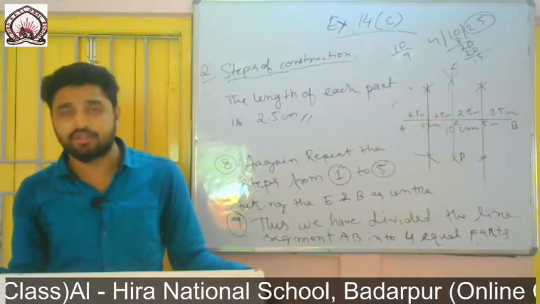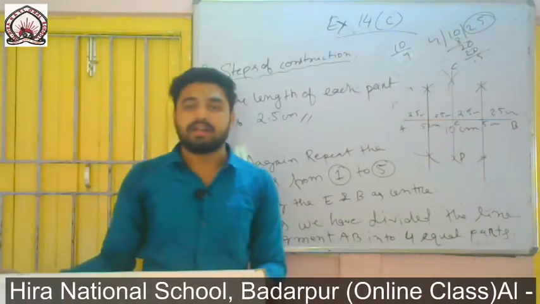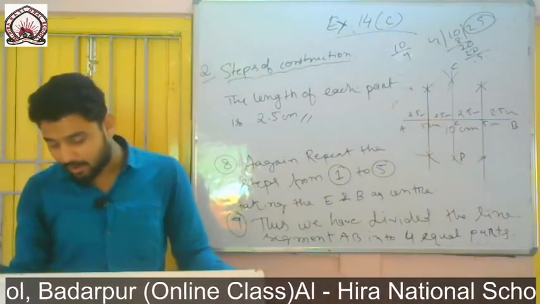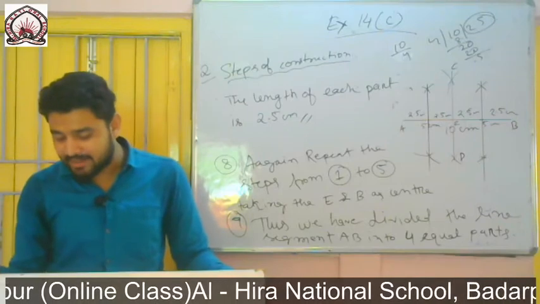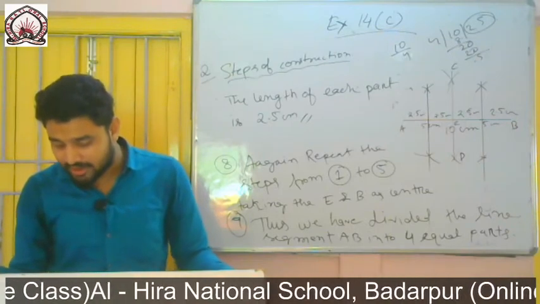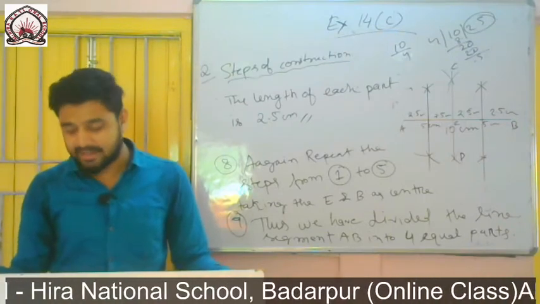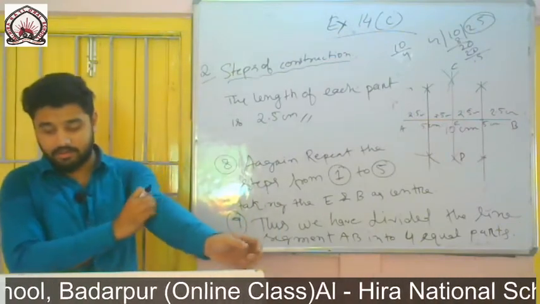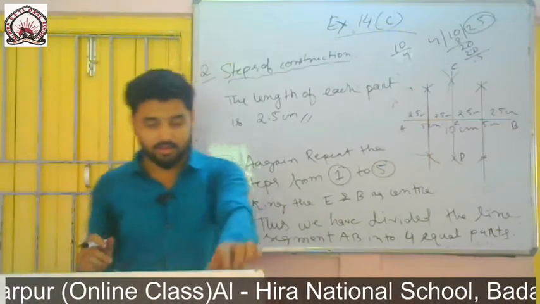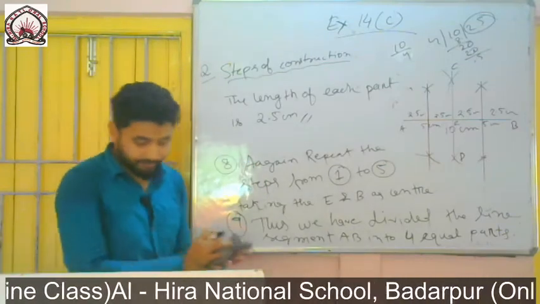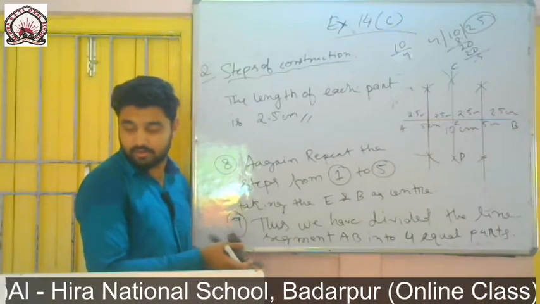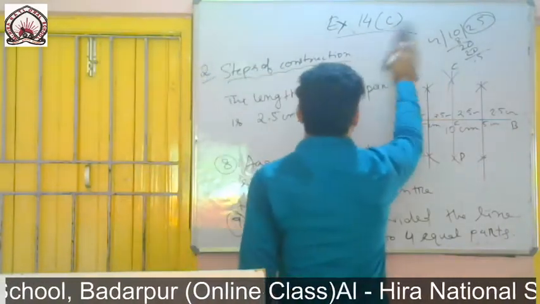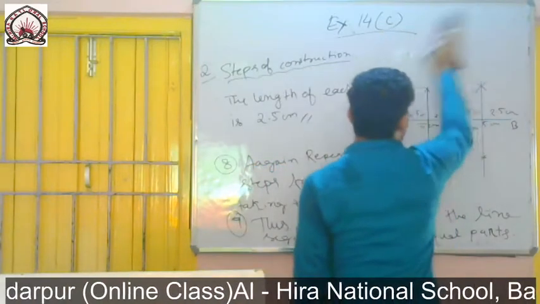Examine whether PX equals PY. Number 2, if M is the midpoint of XY, what relation is there between the lengths of MX and XY? So you see how to construct.